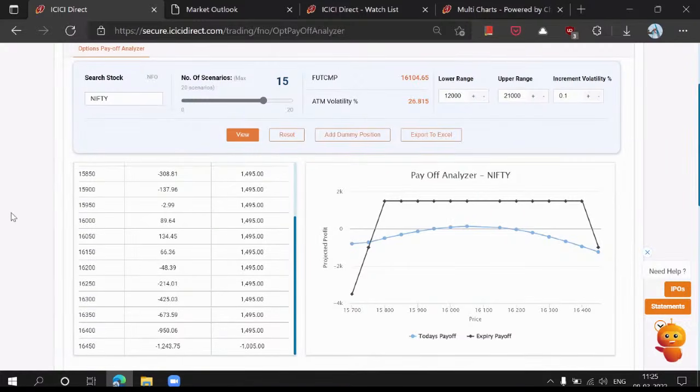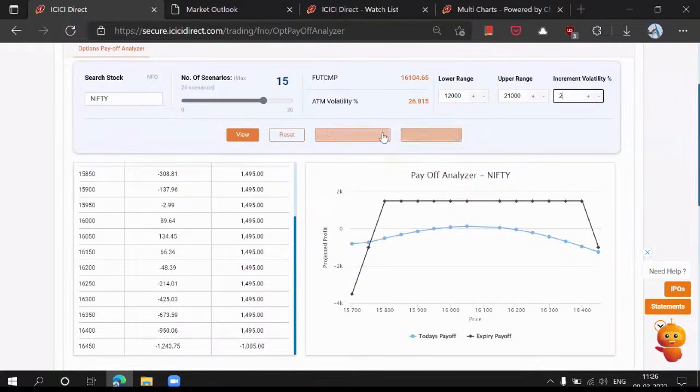Another thing that we've done is you could increase the volatility, and this is portfolio volatility. It's not about a particular contract, where a put may have a different IV. At a portfolio level, if the volatility were to go up or down, how does your payoff change? That also is available.